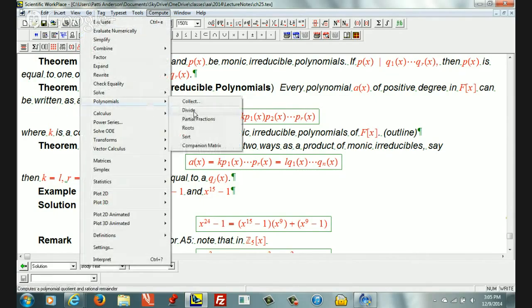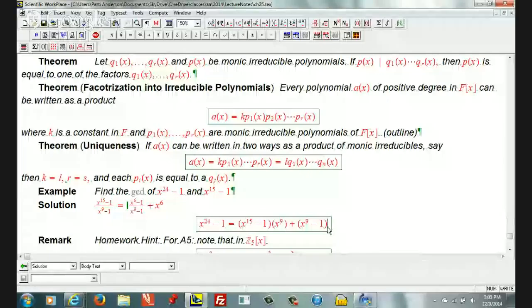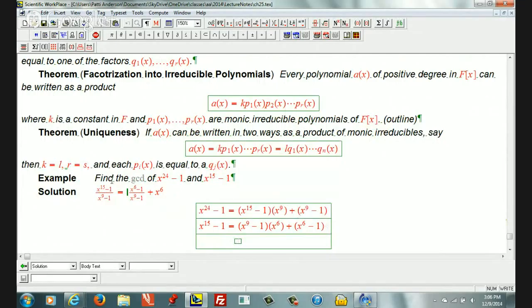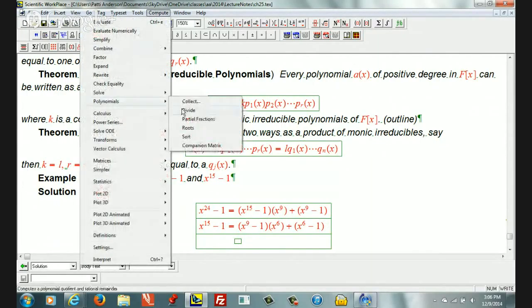Compute the polynomial division. So I'm going to write x to the 15 minus 1 is equal to x to the 9 minus 1 times x to the 6 plus a remainder, and then we're going to repeat this again. This becomes 9 right here, and this becomes 6. We delete that, and we compute the polynomial division.